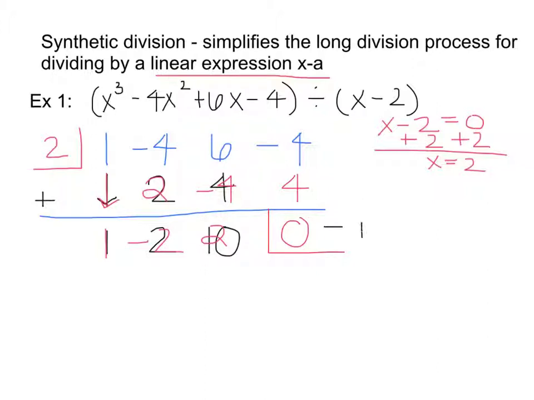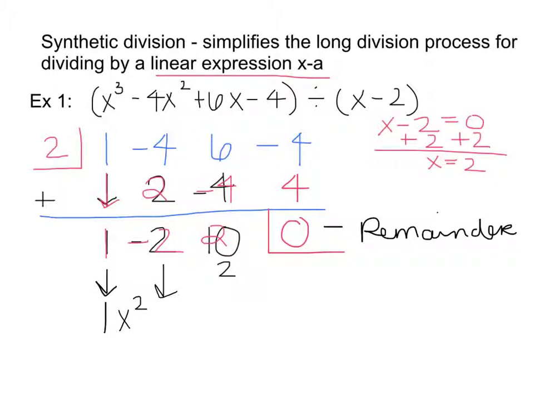Whatever number is at the end is always your remainder. So in this case, we have no remainder. So our answer, bring down the first coefficient, and when you divide, it's always going to take the highest degree that you started with and take it down by 1. So I started with x cubed. 1 less than x cubed is x squared.